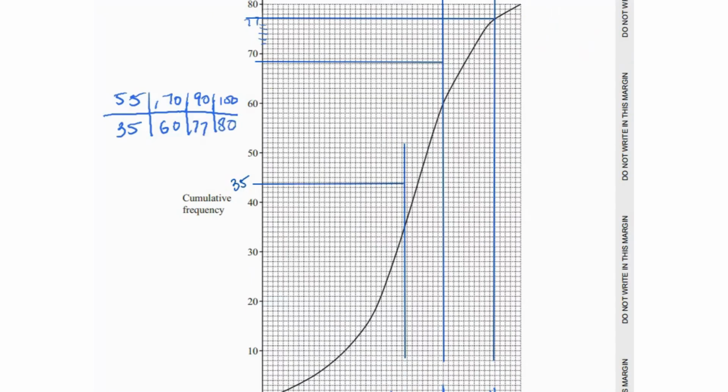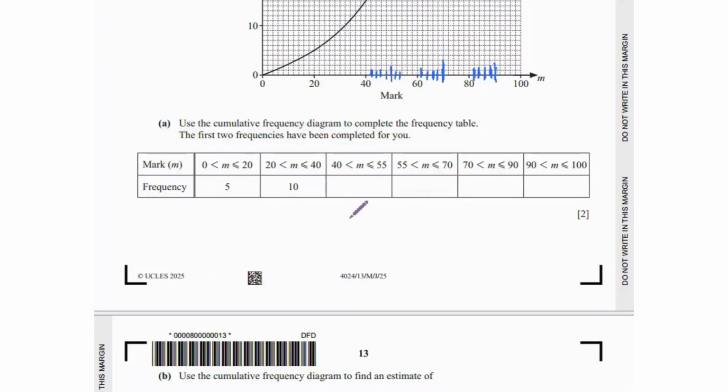So we're going to use these cumulative frequencies to figure out the frequency values. When we're going from cumulative frequency to frequency, we subtract the consecutive values. Whereas when we're going from frequency to cumulative frequency, we add the consecutive values. So 35 minus 15 is going to be 20.